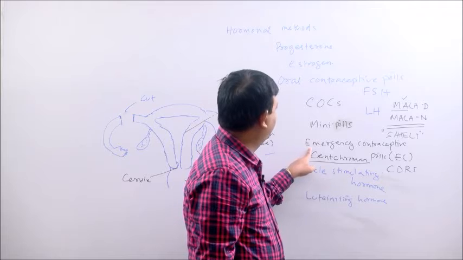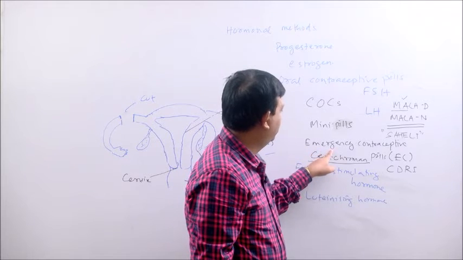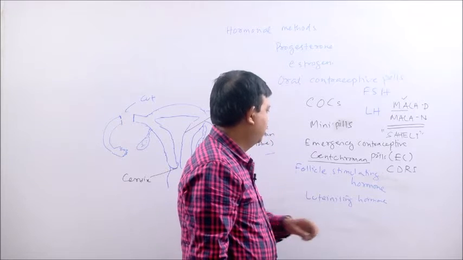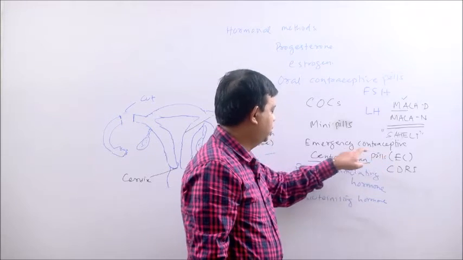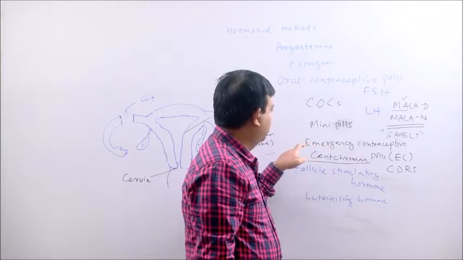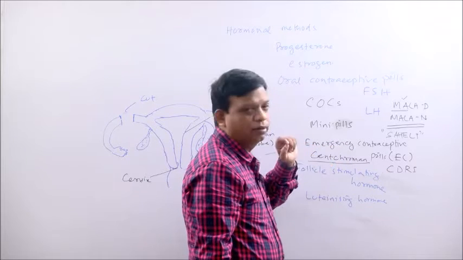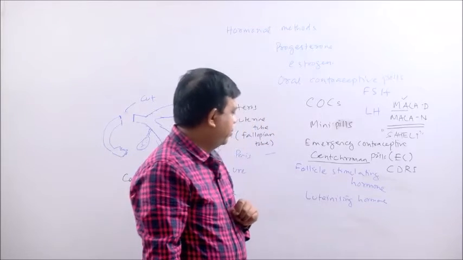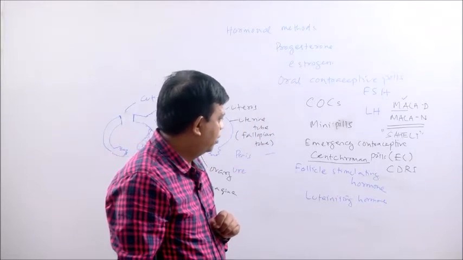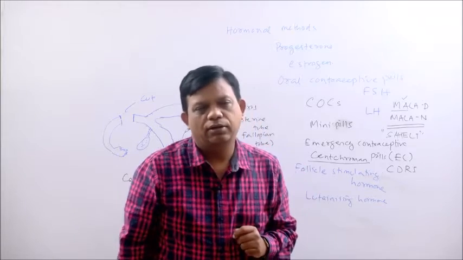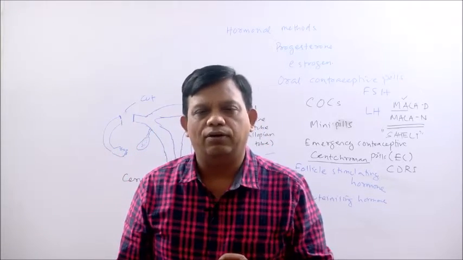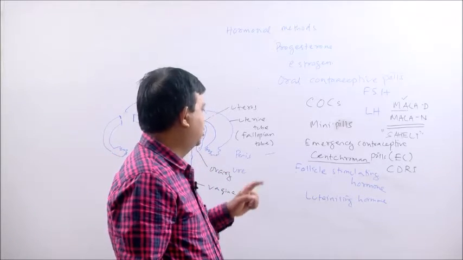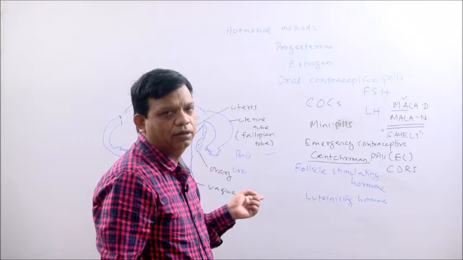Then the third type of oral contraceptive pill is the emergency contraceptive pill, EC. This is also known as the morning after contraceptive pill. This pill is used in an emergency situation. Following an unprotected sexual intercourse, this pill can be used to prevent conception.